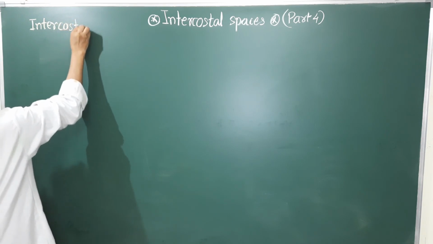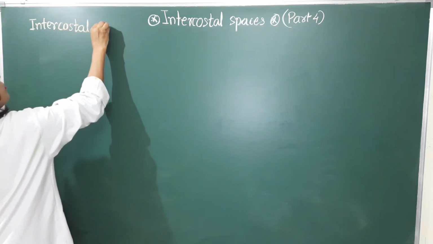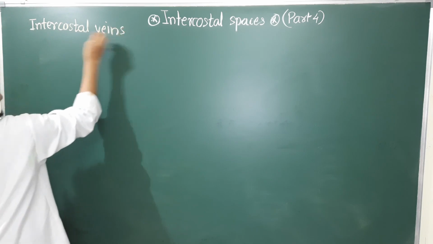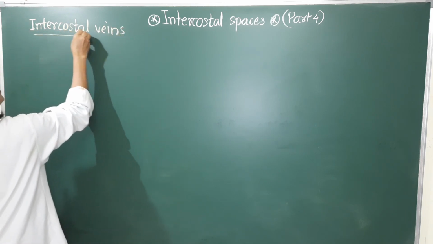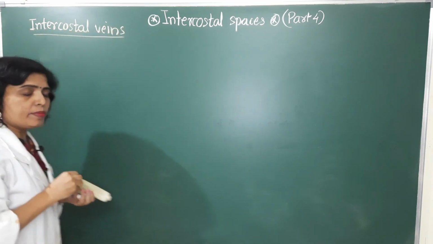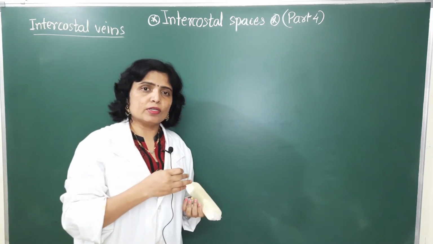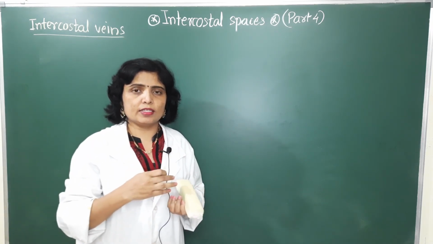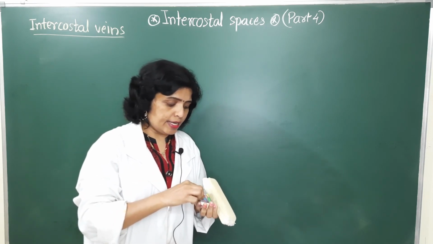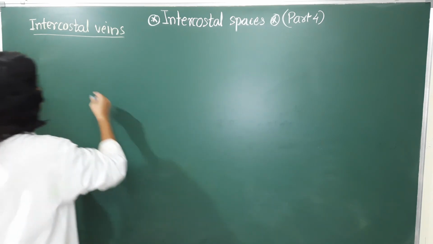You know, there are 11 pairs of intercostal spaces situated between the 12 pairs of ribs. And like intercostal arteries, these intercostal veins also are divided into the anterior set and the posterior set.